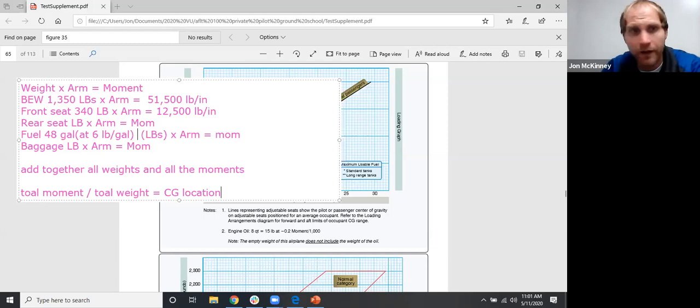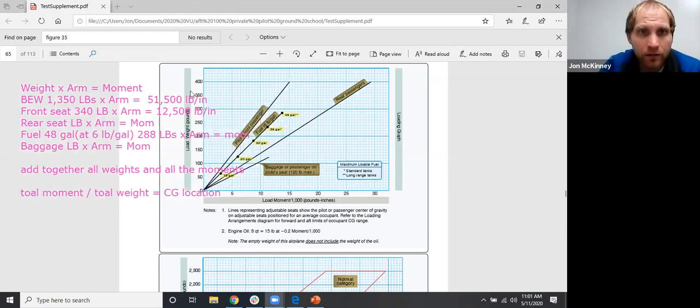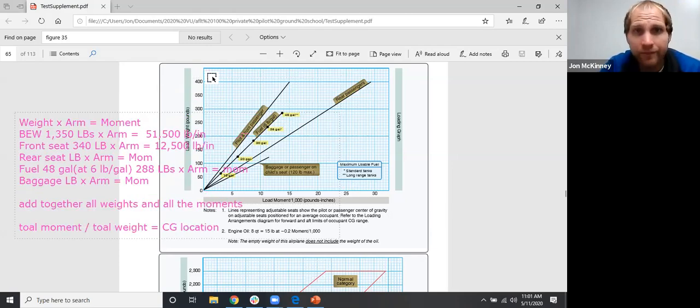And even then, you can screw it up. 48 gallons times 6, I get a number of 288. So 288 pounds is the weight of 48 gallons of fuel. Now we want to know what's the moment. So what kind of force does 288 pounds create?